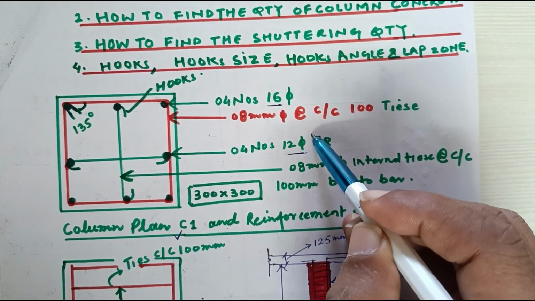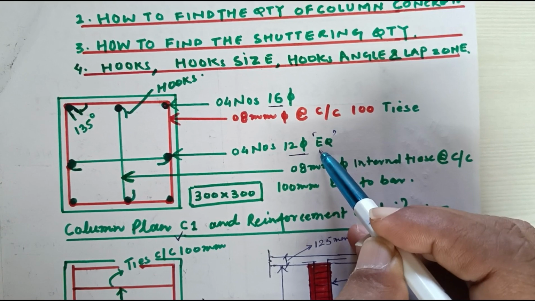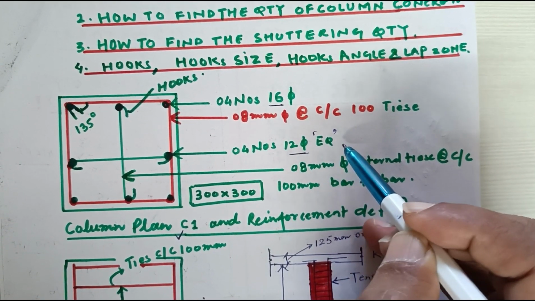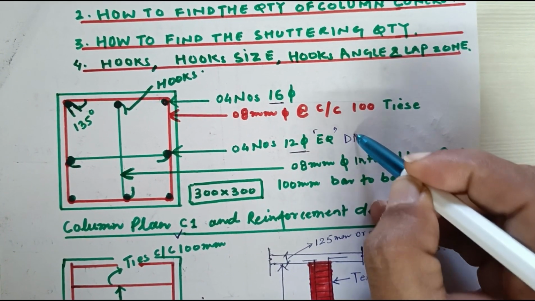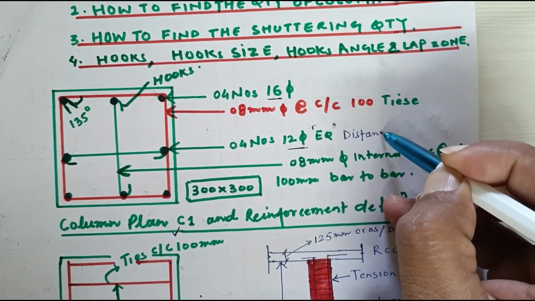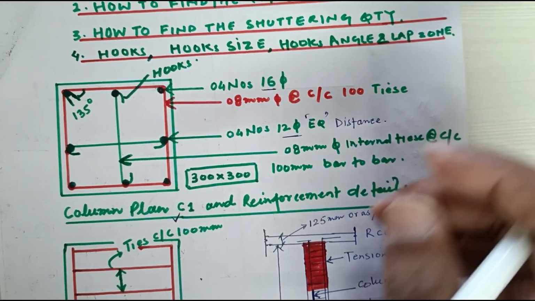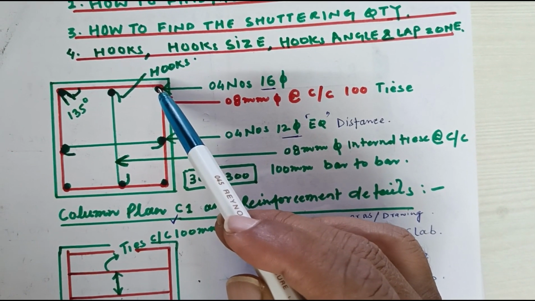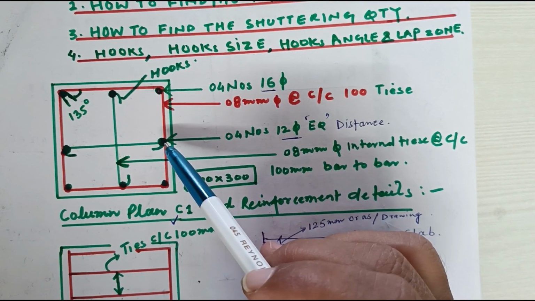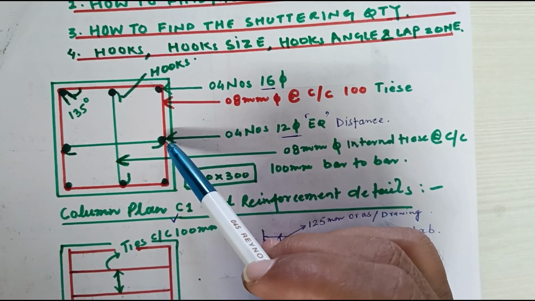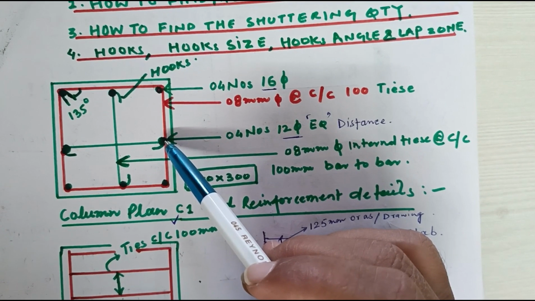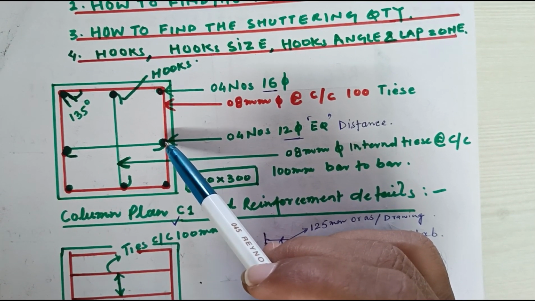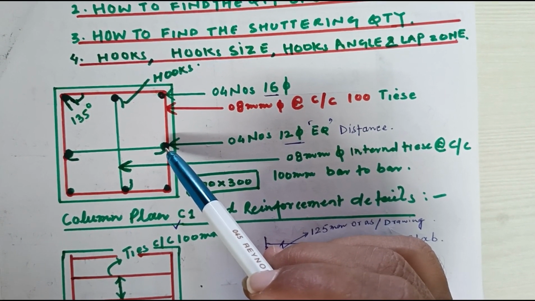Just keep in mind this is EQ. EQ is equal distance. Between the main corner bars you have to provide the 12 dia bars at equal distance. This is also 4 numbers, right?